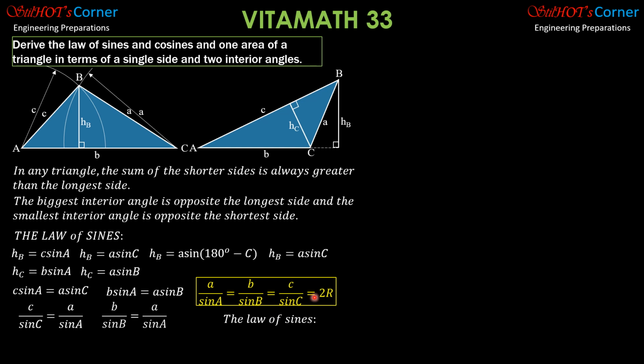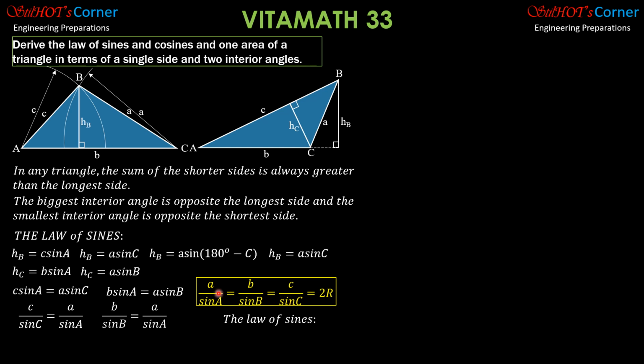So again, as a reminder to all of my subscribers and viewers, to get rid of the ambiguous case, my suggestion is, if all sides are known and one angle is known, so that you can use the law of sines, make sure that you solve the smaller angles first, because they are definitely acute angles. Do not solve the angle which is opposite to the longest side using the law of sines because it might be an obtuse angle.